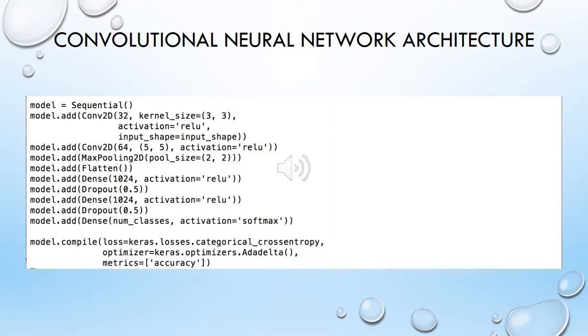The neural network architecture is somewhat different from the multi-layer perceptron. It doesn't flatten the image right away. It keeps it as 28 by 28, so that's a two-dimensional matrix. What we do is apply 3 by 3 filters, 32 random filters.